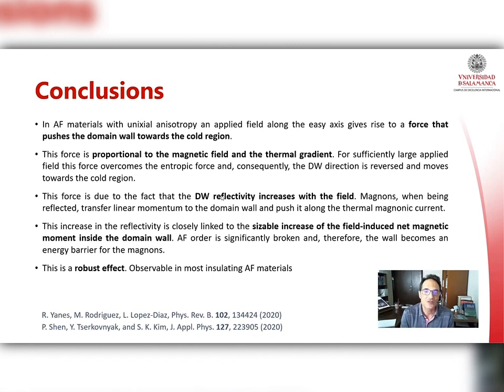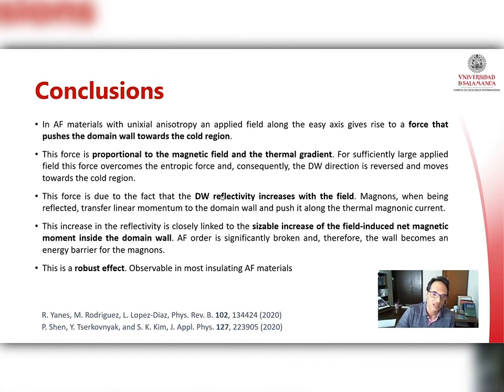The origin of this force is due to the increase in the domain wall reflectivity with the applied field, so that magnons, when they are reflected, transfer linear momentum to the domain wall and push it along the thermal magnonic current. And this increase in the reflectivity, we think it is linked to the sizable increase of the field-induced net magnetic moment inside the domain wall.